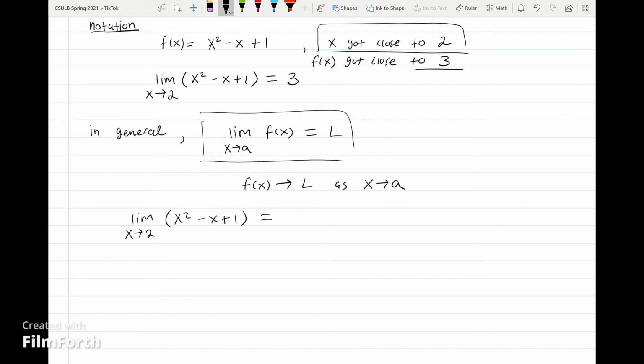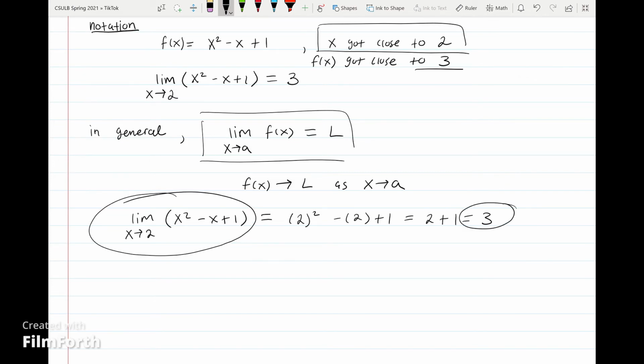Like 1.9, etc. Well, I can also just plug in 2 and see what happens. So for example, if I plug in 2, I get 2 squared minus 2 plus 1, and that's going to be 4 minus 2, which is 2, plus 1, which is 3. And you see that this limit is equal to 3.